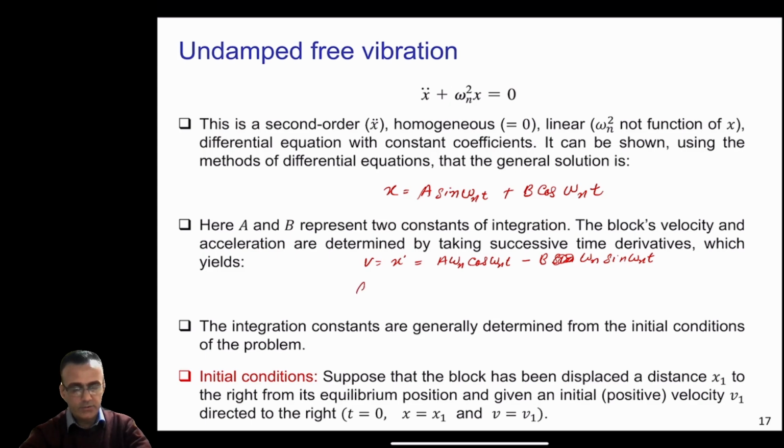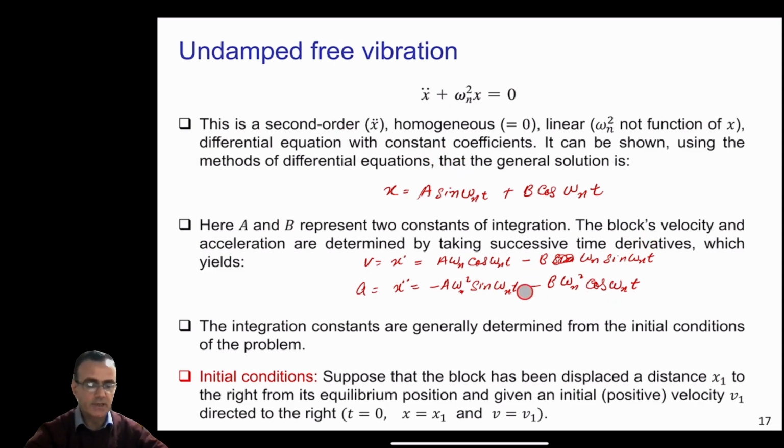And x double dot becomes minus a omega n square sine omega nt minus b omega n square cos omega nt. These are the equations for the velocity and acceleration.